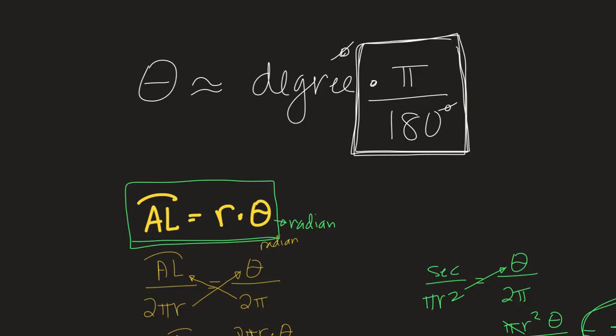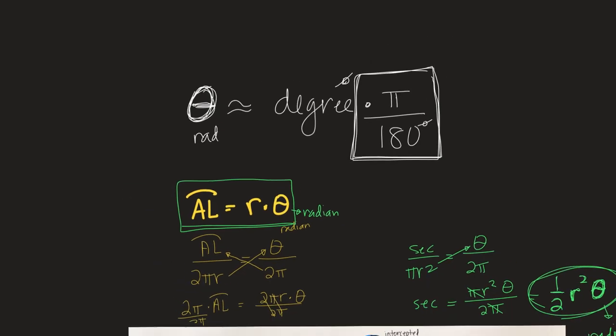This can be a decimal, this can be a nice pretty one, it doesn't really matter since we're using our calculator anyway. But the angle in radians is equal to the degree angle times pi divided by 180. Okay, so let's do a couple of problems and see which one you like best.